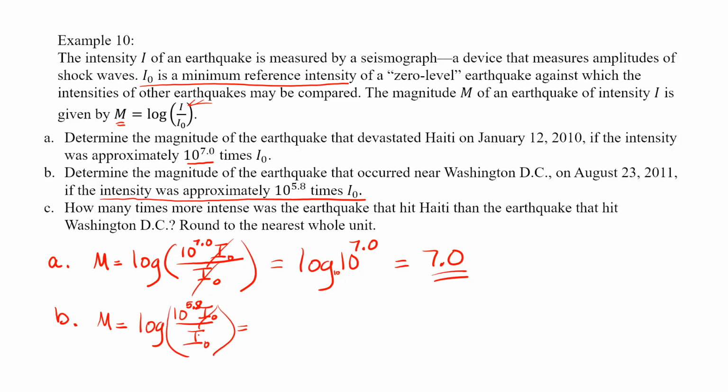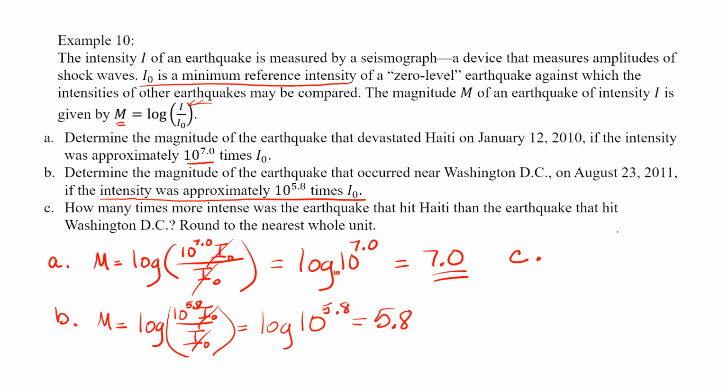And so that will just be log of 10 to the 5.8. We have the same situation as before. What power do you put on 10 to get 10 to the 5.8? That is 5.8.